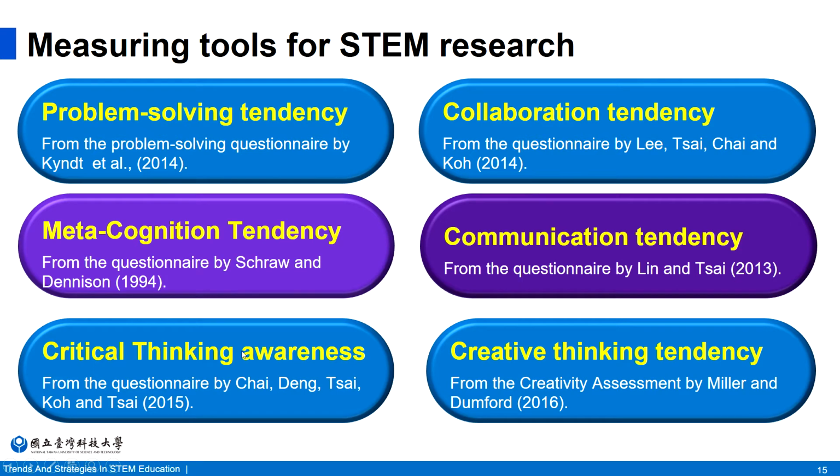The critical thinking awareness questionnaire proposed in 2015. The collaboration tendency questionnaire proposed in 2014. The communication tendency questionnaire proposed in 2013. And the creative thinking tendency questionnaire proposed in 2016.